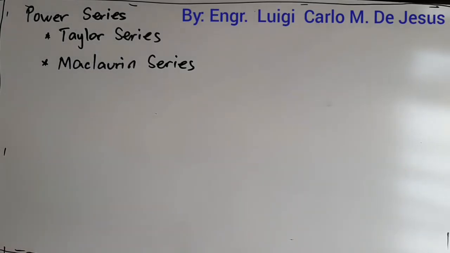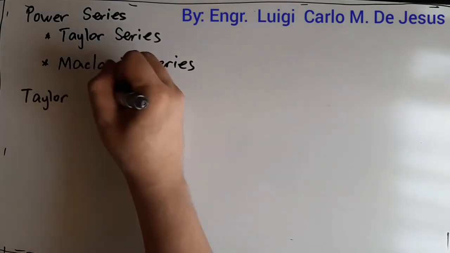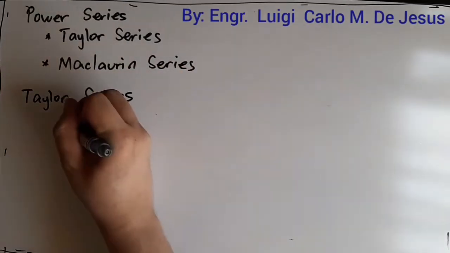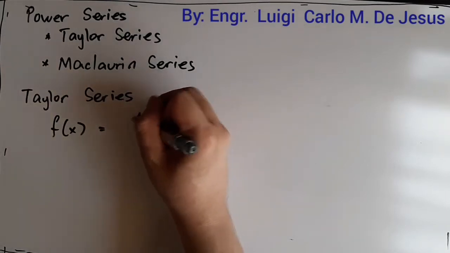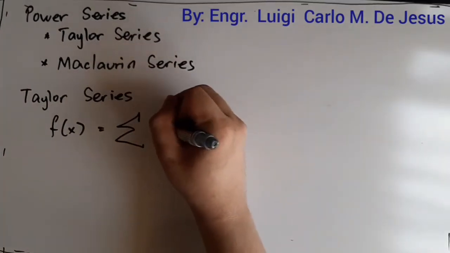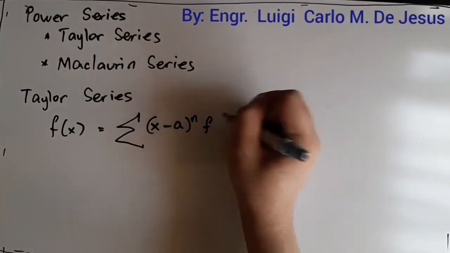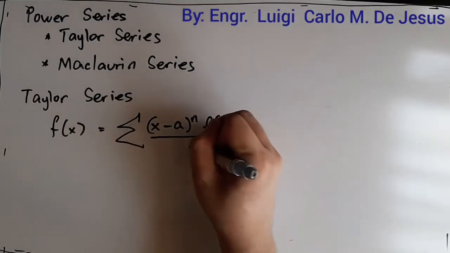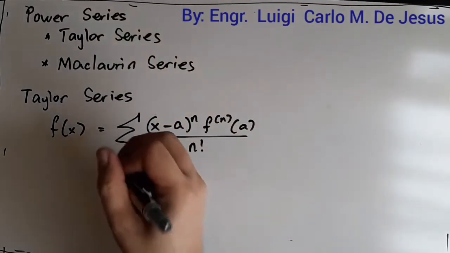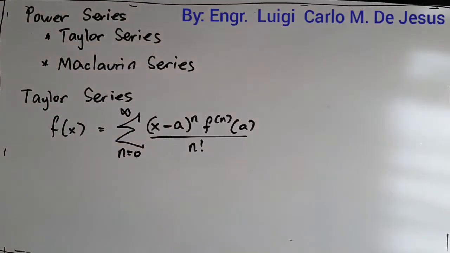Now, according to the definition of the Taylor series, the function f of x can be expressed as the summation of x minus a raised to n, f of n sub a, all over n factorial, from n equal to 0 up to infinite.